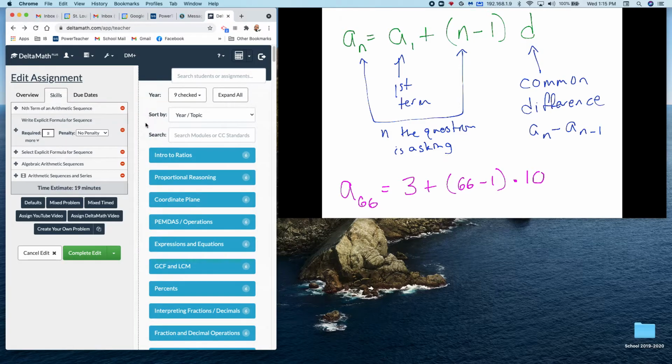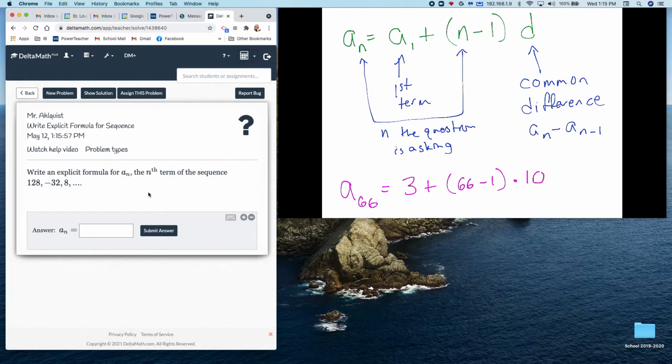So I'm going to try to do my best to change this assignment up for you, but do one where they're all arithmetic. So something like this problem.